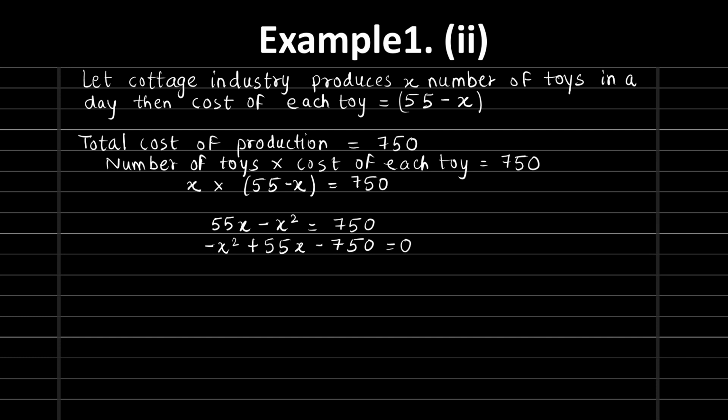Again, we can observe that the coefficient of X square is minus 1. So what we are going to do? We will multiply the entire equation with minus 1, on both sides.